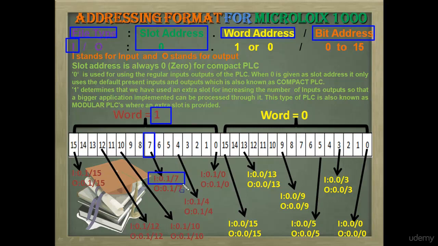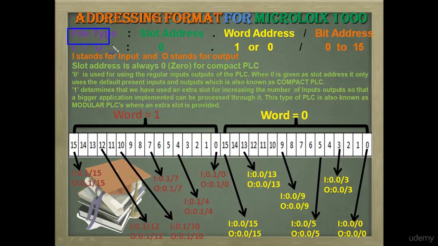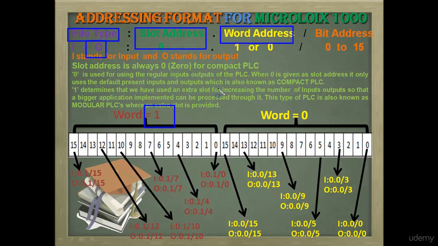So the address is I colon 0.1 slash 7. For the output, file type O, slot address 0, word address 1, and bit address 7.